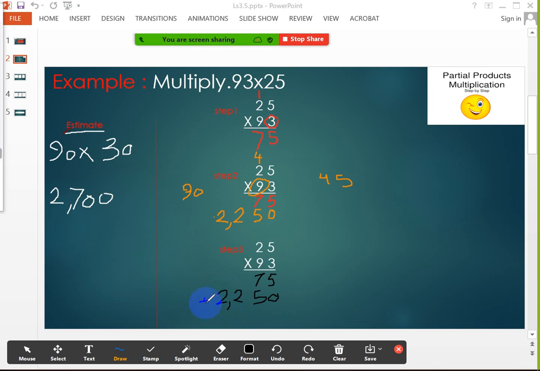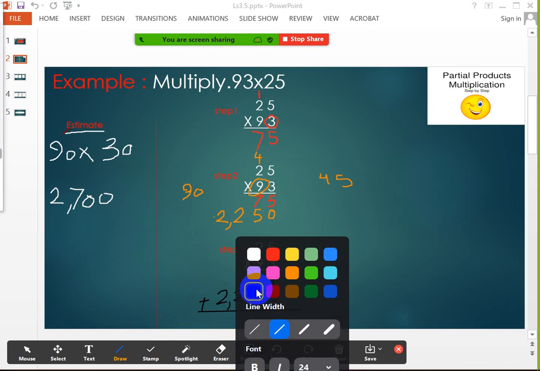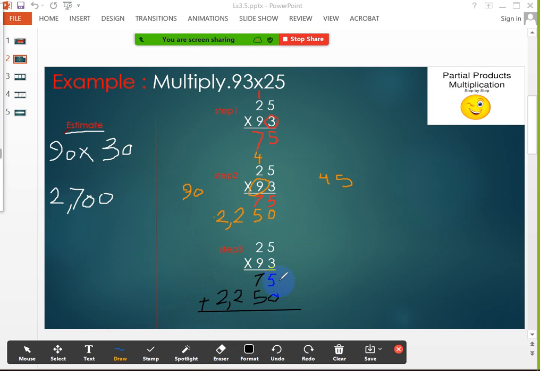So let's add the answers. 5 plus 0 equals 5. Okay. 7 plus 5, put 7 in my mind and 5 on my fingers and count. It will be, thank you Zen, that's correct, it will be 12.